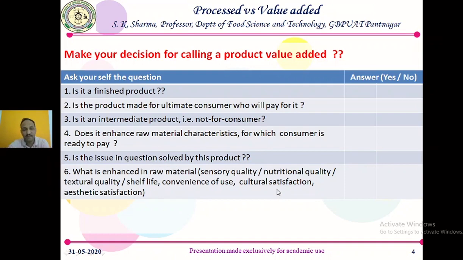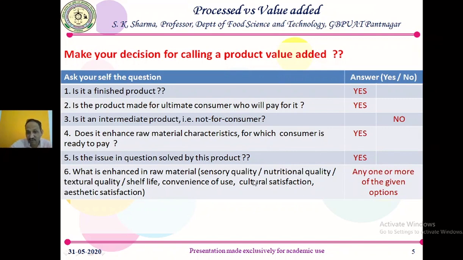And then if your answers come like this: is it a finished product? Yes, it is a finished product. Is the product made for the ultimate consumer? Yes. Is it an intermediate product, not for the consumer? No. Does it enhance the raw material characteristics for which the consumer is ready to pay? Yes. Is the issue in question solved? Yes. Then what is enhanced as a raw material?